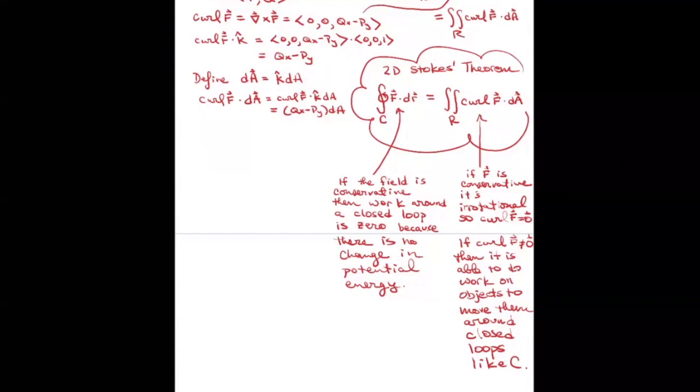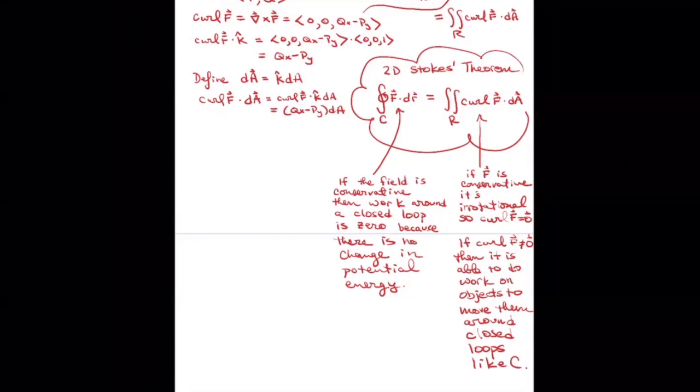Well, remember, the curl gives information about the rotational nature of a field. So the curl being non-zero means that the field can move things round and round. Okay, it has a rotational element in the field.